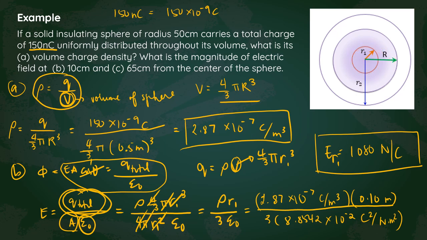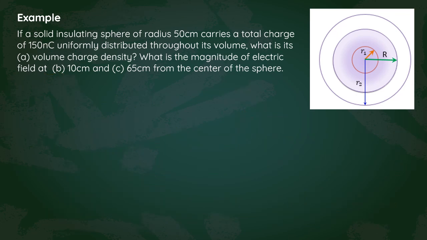So at radius 1, or at 10 centimeters, the electric field is 1080 newtons per coulomb. Now, for letter C, it's 65 centimeters from the center of the sphere. So for C, we will use R2, which is 65 centimeters. Unlike R1, R2 is outside the sphere.